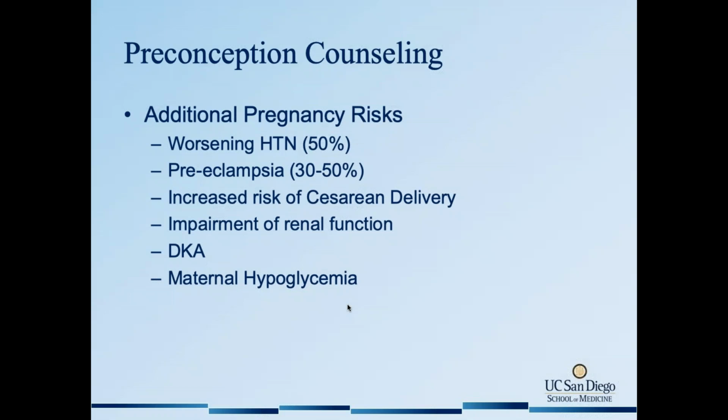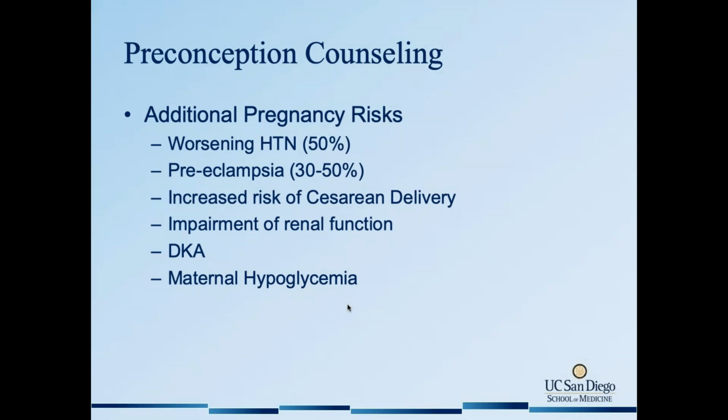Preeclampsia can occur in upwards of 30 to 50% of mothers if they already have underlying renal insufficiency along with their pregestational diabetes. We also talk about how preeclampsia occurs more commonly at term, but mothers with underlying renal insufficiency and chronic hypertension have a higher risk of what we call preterm preeclampsia, which can lead to a preterm delivery. There's also a higher risk of cesarean delivery due to the development of macrosomia.